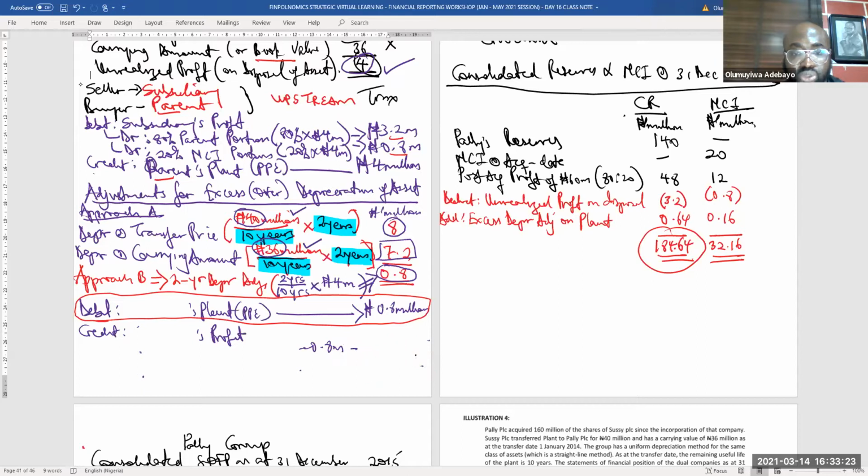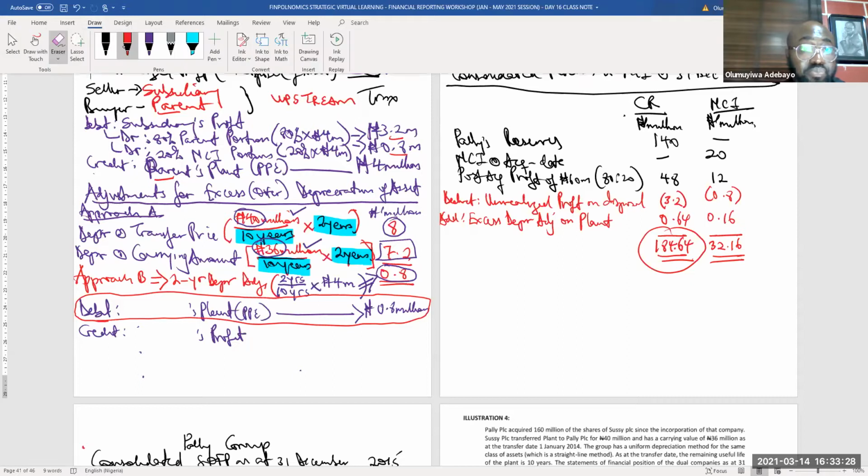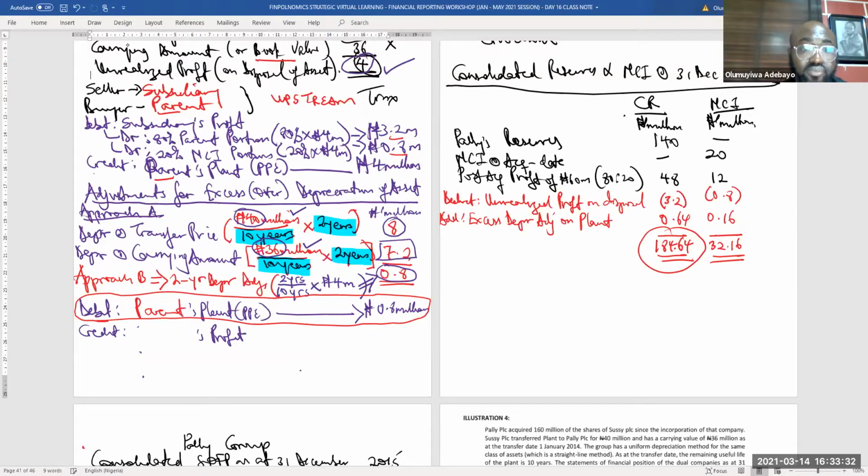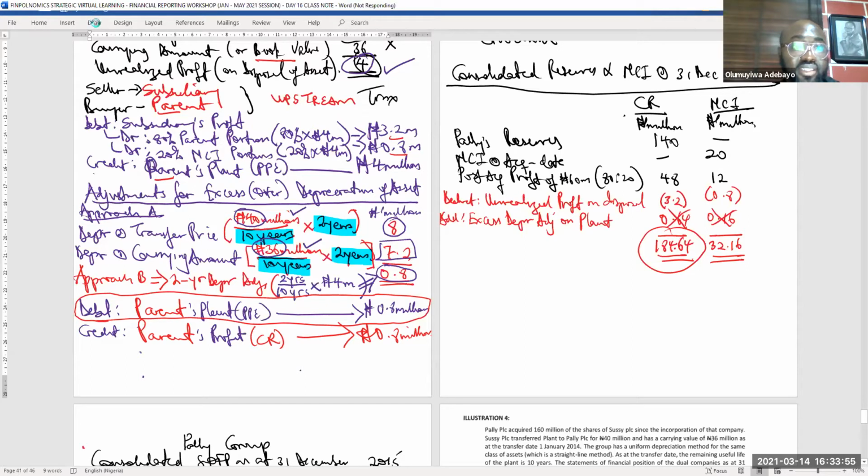No portion goes towards NCI. I come here. The parent's profits, which affect consolidated reserve. How much? 800,000. Which means here, instead of affecting both parent and NCI, it only affects the parent.